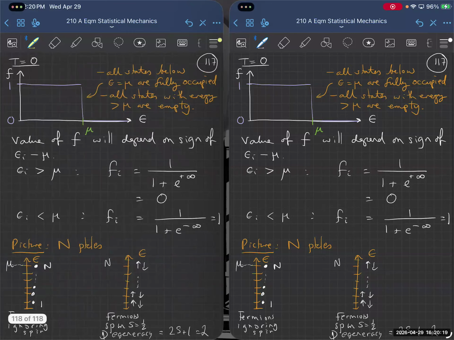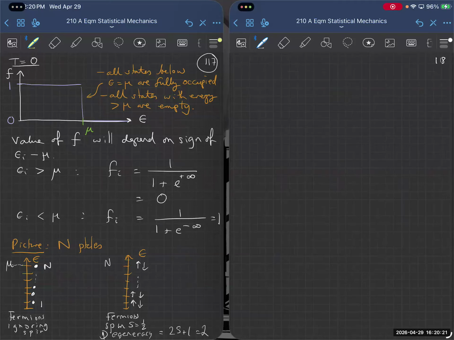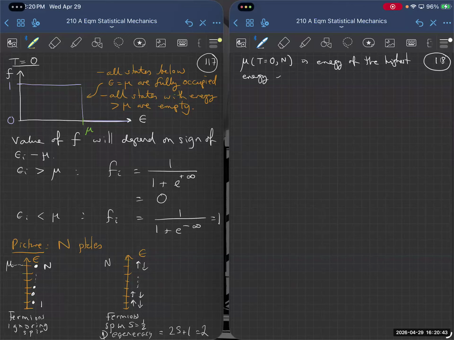So basically the chemical potential at T equals 0 for N particles is the energy of the highest energy level that is occupied to accommodate N fermions.